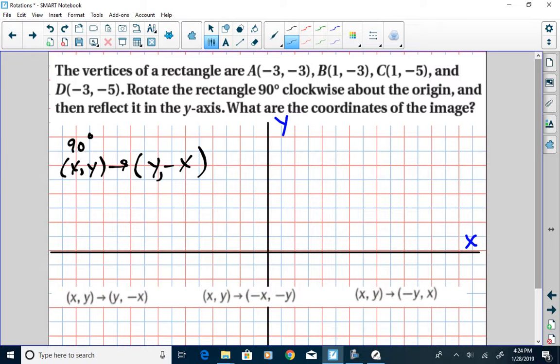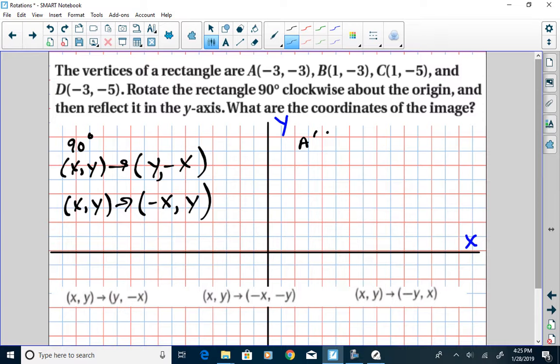And then we are reflecting in the y-axis. So for the reflection in the y-axis, (x, y) goes to (-x, y): the x value becomes its opposite, and the y value stays the same.